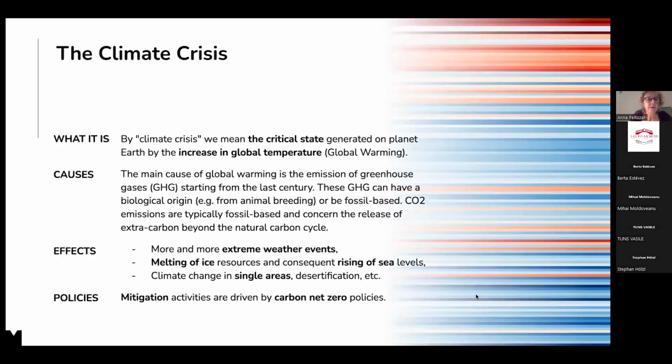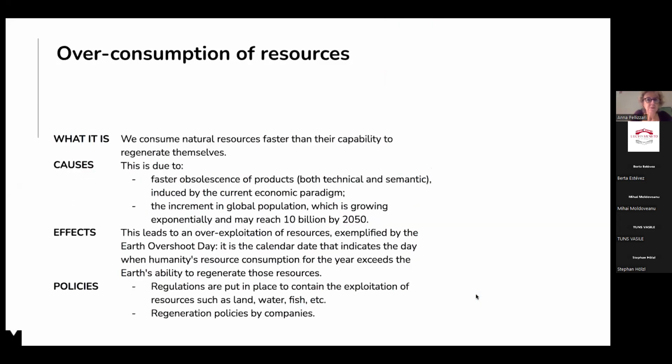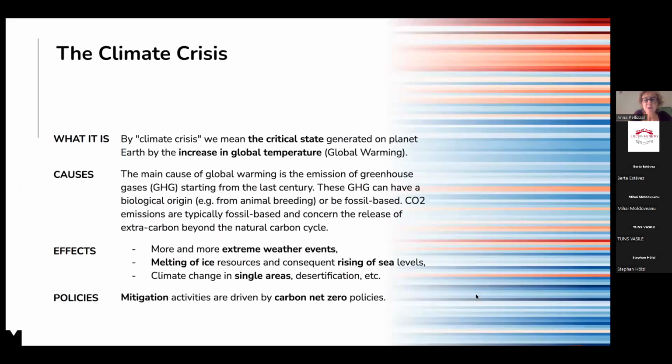So for each of these concepts, we have set up a slide that summarizes what it is and what the difference is between the different perspectives. When we talk about climate crisis, we mean the critical state generated on the planet by the increase of global temperature, the so-called global warming.